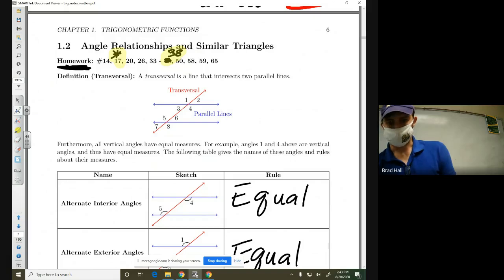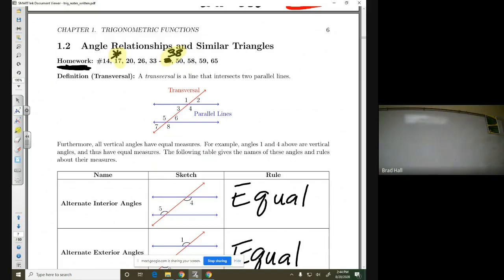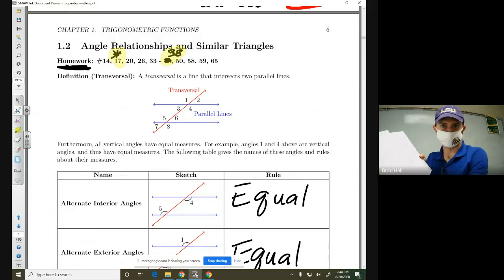I'm trying to see where I can draw this out. But if you look in your book at problem 17 in section 1.2, it's on page 16 in your textbook.